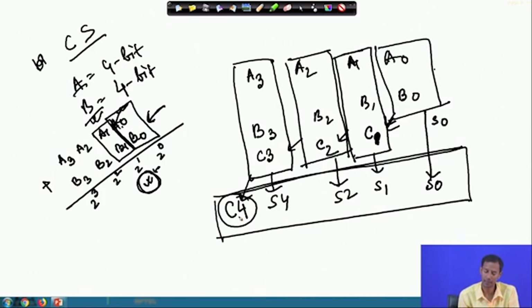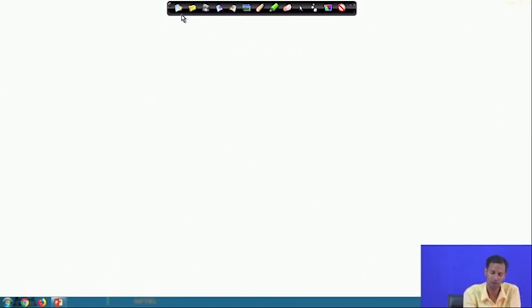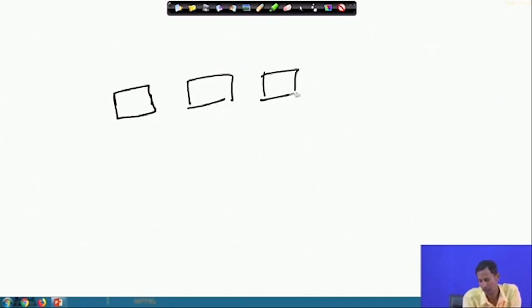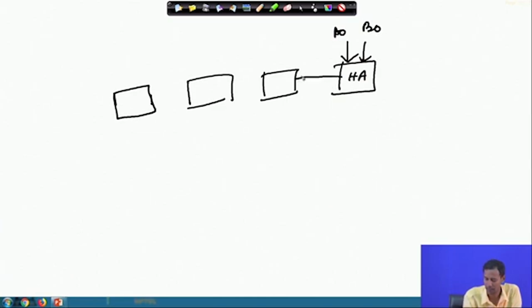So, the point is, if I draw the circuit for this addition operation, the block diagram, how will it look? This is A0 and B0, this is one half adder, then the carry C1 comes over here, then A1, B1.